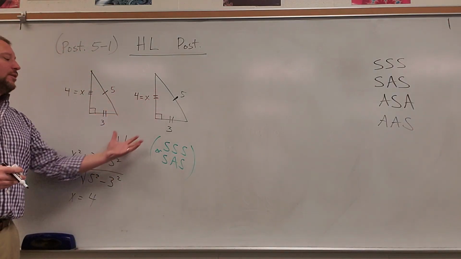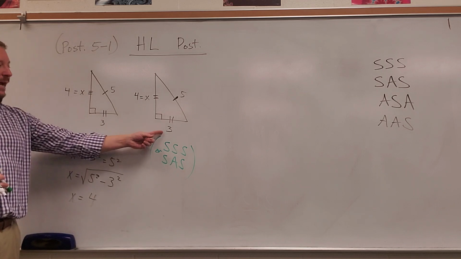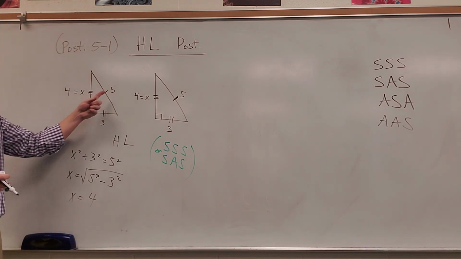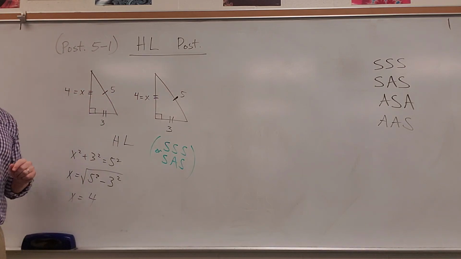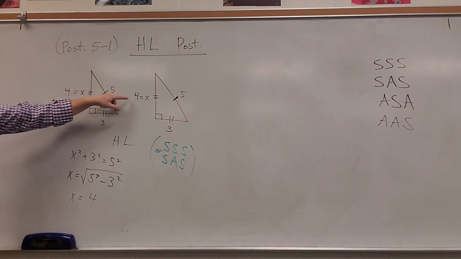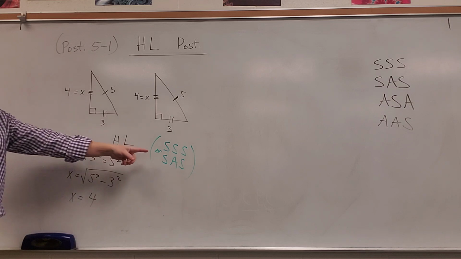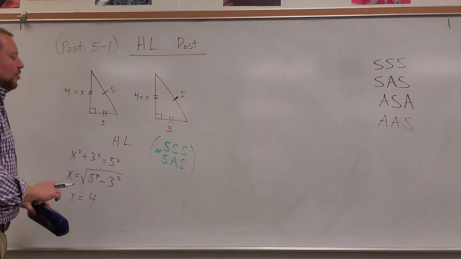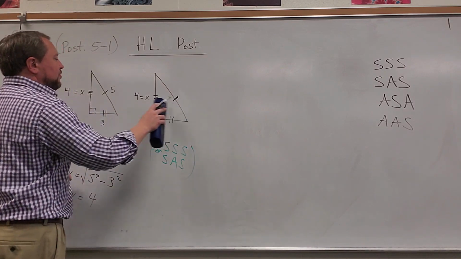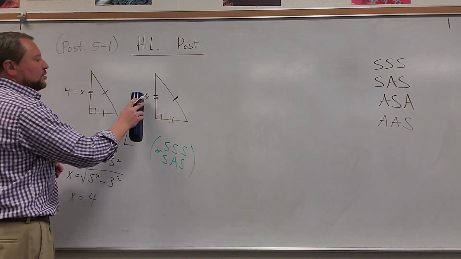But again, all of this is not possible unless I actually know the length of those two sides that are already marked congruent, so that I can find the last remaining side and now use one of our old methods.